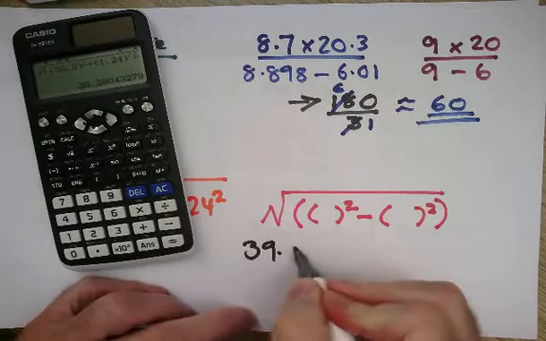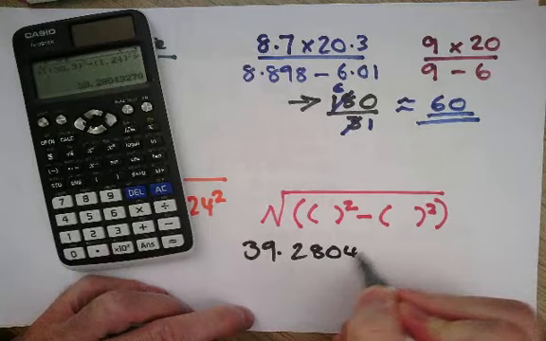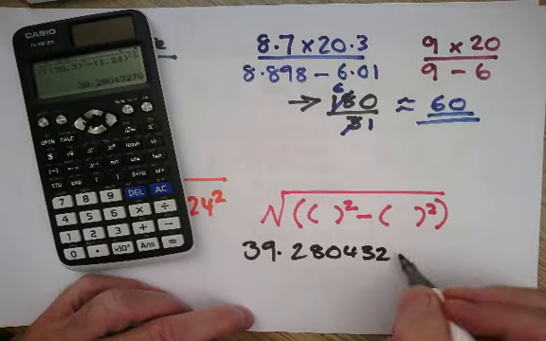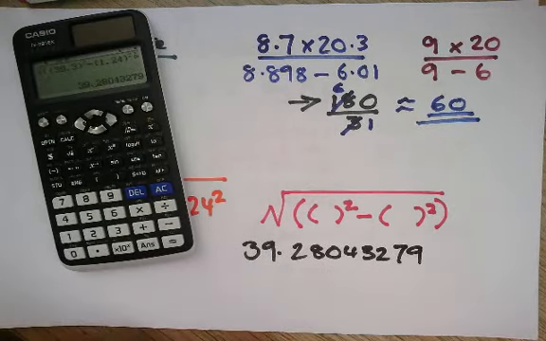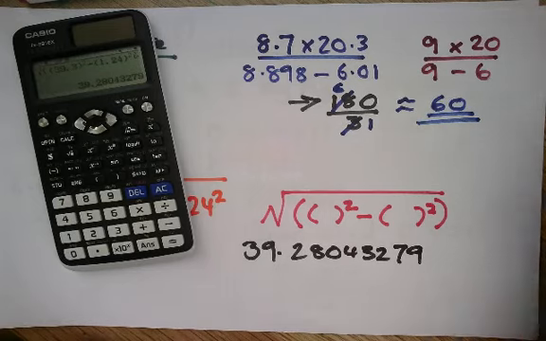Often they'll ask you to fill out the answer completely, and sometimes they ask you to round that number to 2 decimal places or to significant figures, etc. But that's how you do these questions.